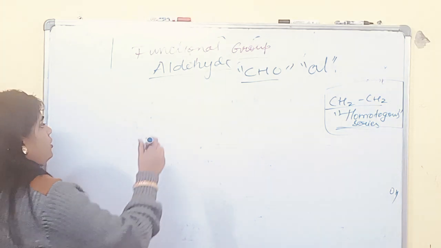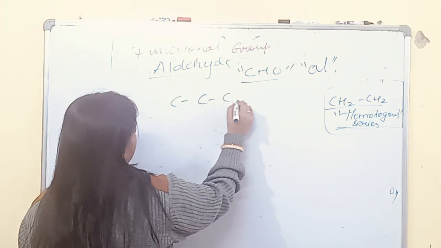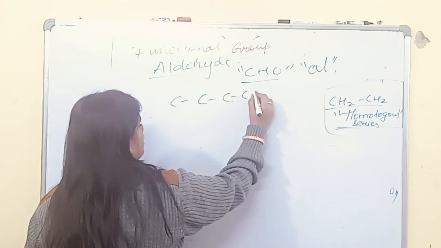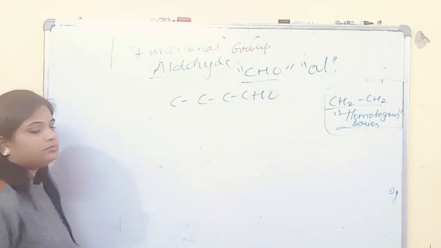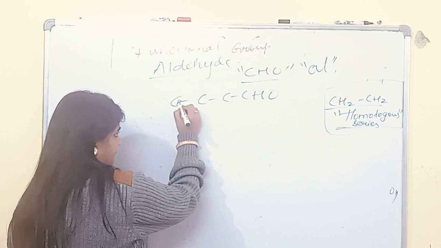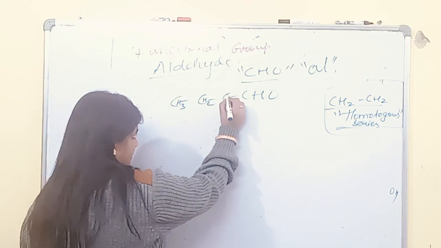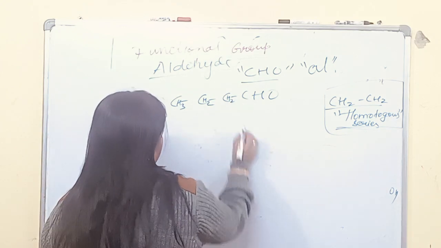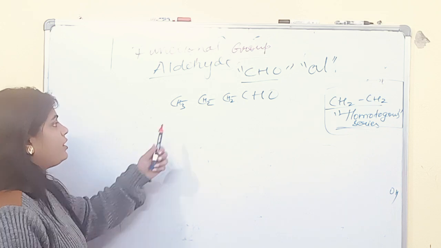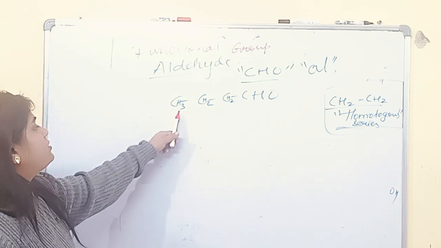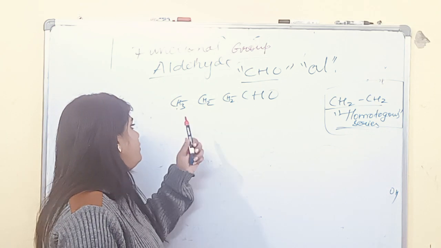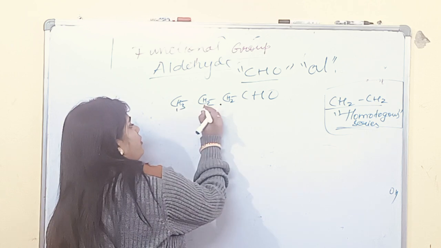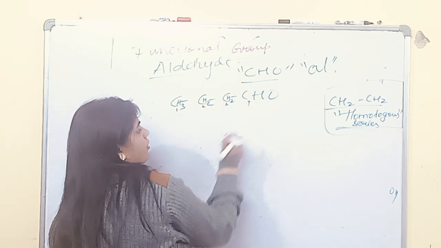How do we name? CH3. How many carbons? 1 carbon, 2 carbon, 3 carbon, 4 carbon.